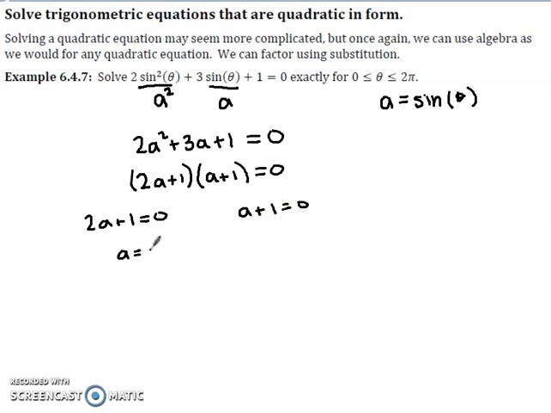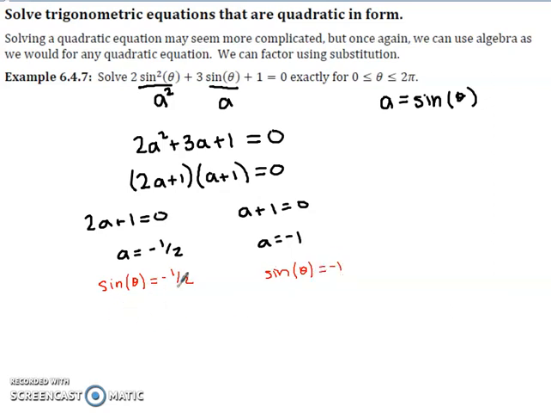So a is negative 1/2, or a is negative 1. Now they didn't ask us for a, we replaced our sine with a, so we need to make sure that we go back and we answer the question that they actually asked, which is, what is the value of theta? So sine of theta is negative 1/2, and sine of theta is negative 1.